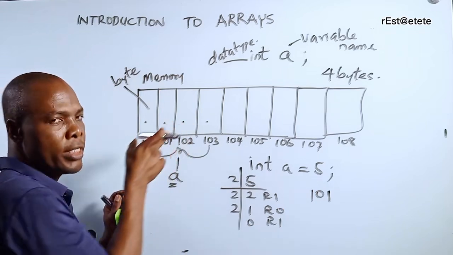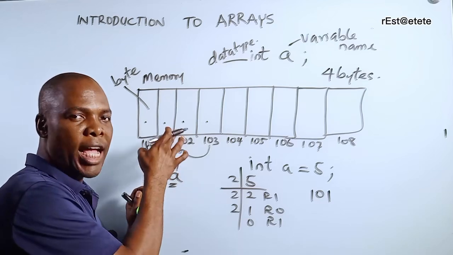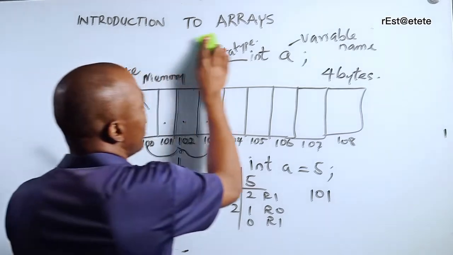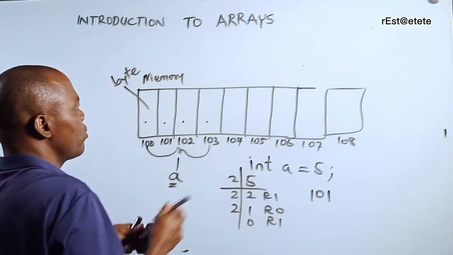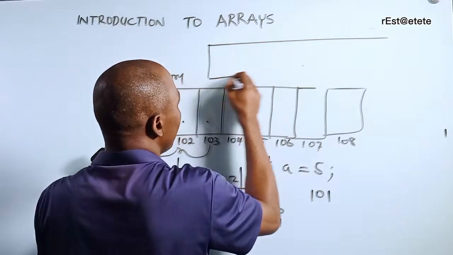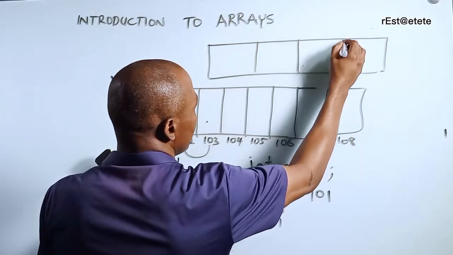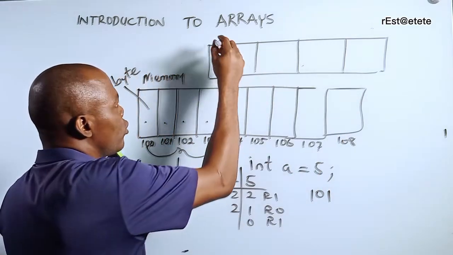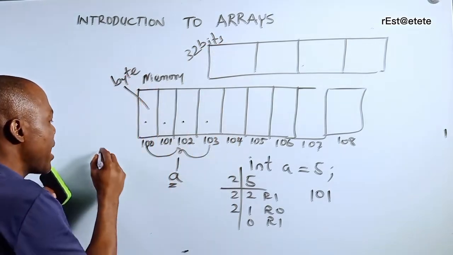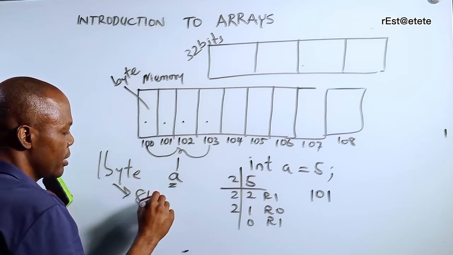But if you are going to store it in this memory, let's say we take this as a 32-bit system. Now, 1 byte equals 8 bits.